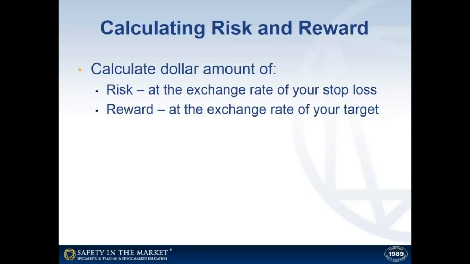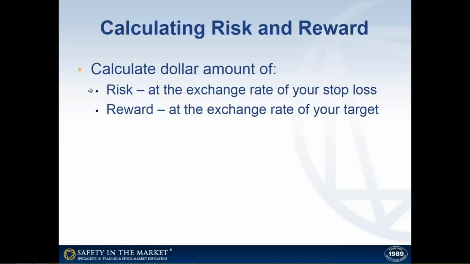On an ordinary stock trade, you work out how much you're risking if you're wrong and how much you're going to make if you're right. But there's one extra step here for the currency markets. You work out your risk, so it might be 50 ticks or 100 ticks, but you calculate that at the exchange rate of your stop loss. So if the market moves against you, you'll be exiting that position at the exchange rate of your stop loss.